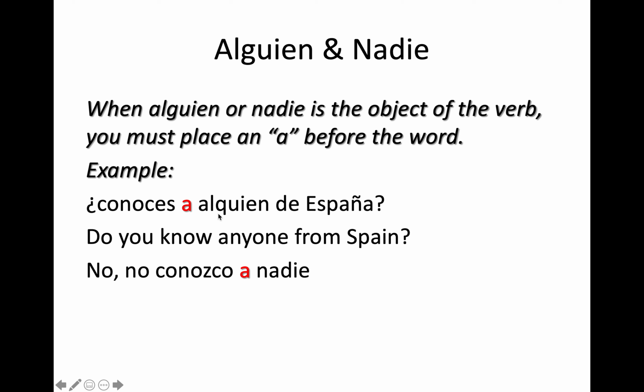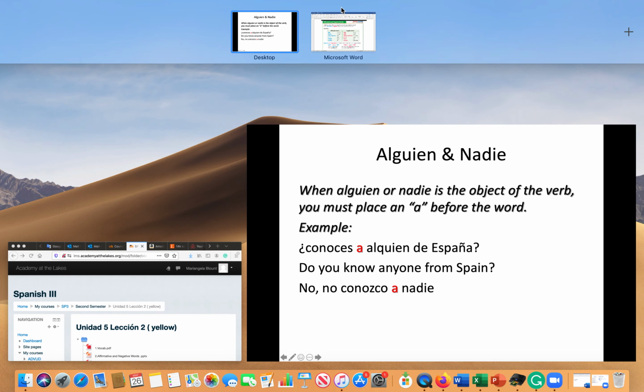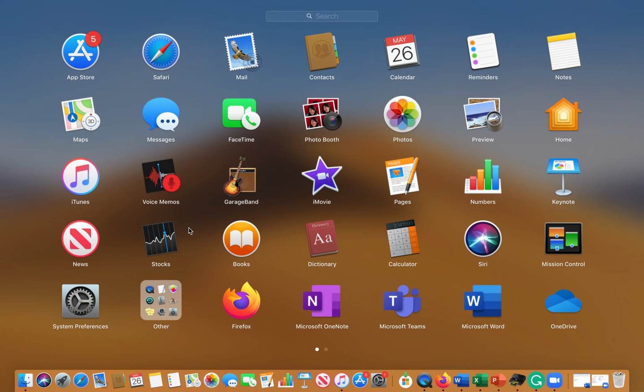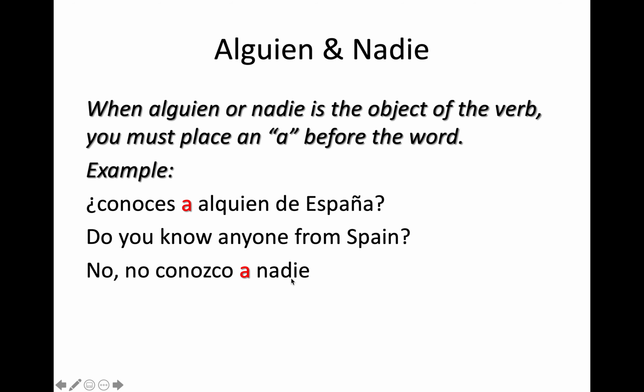Now you see why I'm using alguien here and why I'm using nadie here? Alguien because I'm asking, right? And you ask in affirmative. You don't ask in negative, affirmative. Alguien is someone. And because your answer is no, you don't know no one, so you have to answer in a negative way, and you must have the double negative.